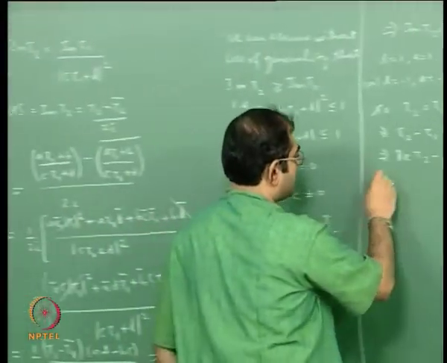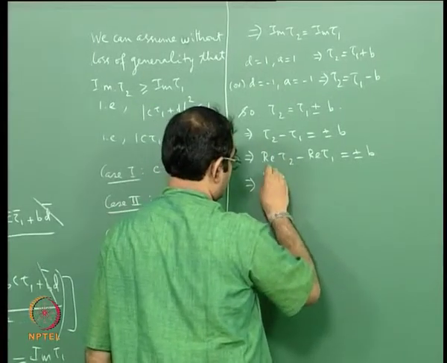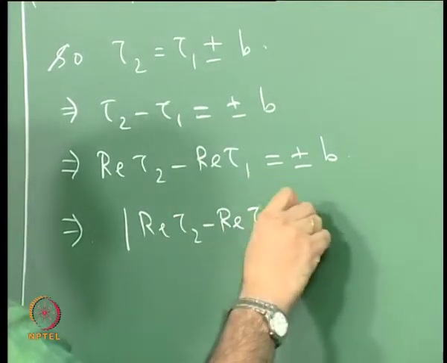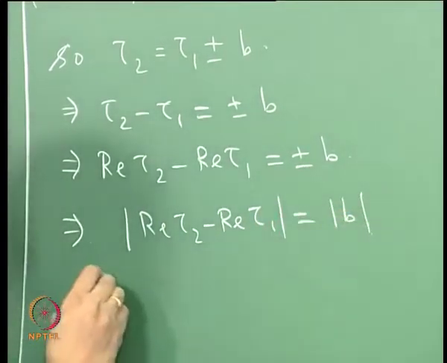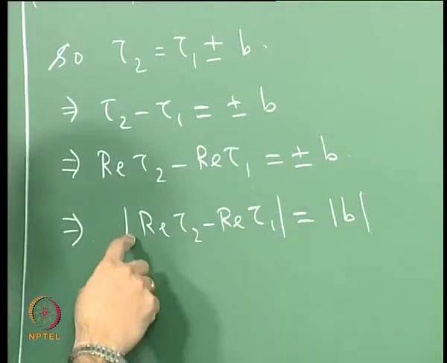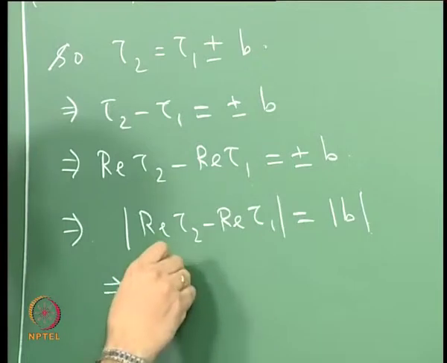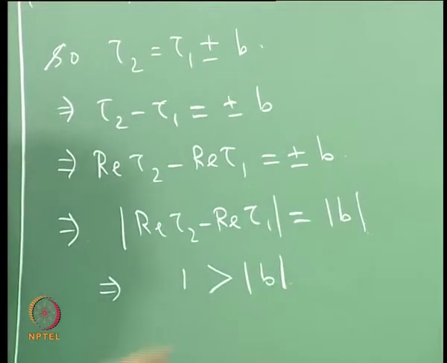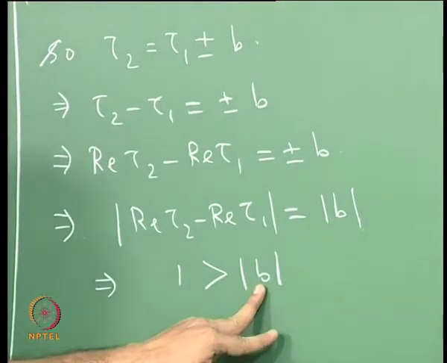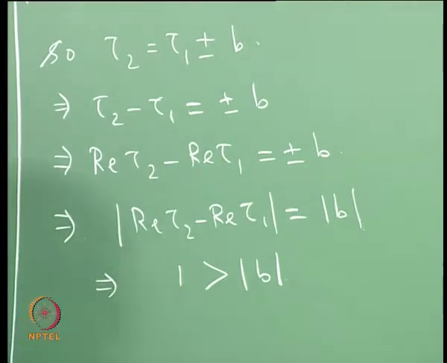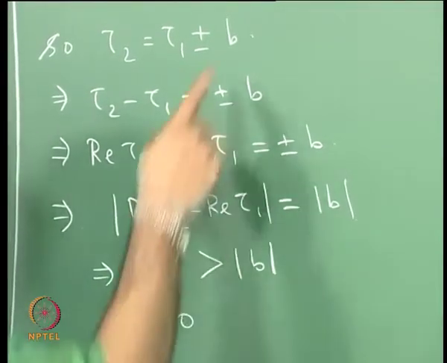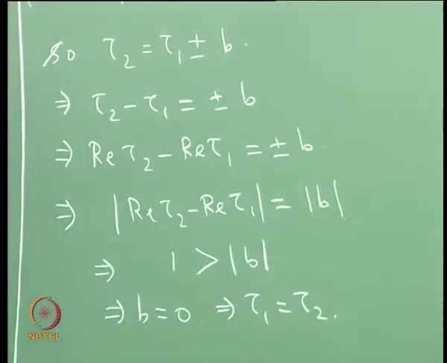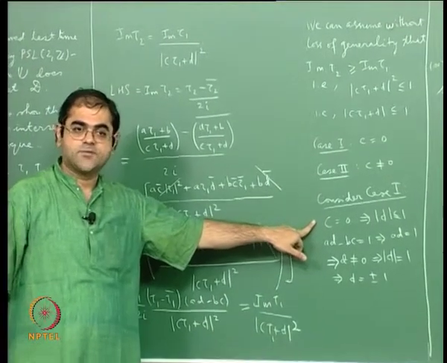So what this will tell you is that if I take modulus of this, if I take moduli on both sides, you see the right side is strictly less than 1, so the left side is strictly less than 1, okay, and b is an integer, so b is an integer with modulus strictly less than 1, okay, so it has to be 0, so this will imply b is equal to 0, and if you put it back here you will get tau 1 equal to tau 2, okay, so that disposes of the case when c is equal to 0, that is case 1, alright.